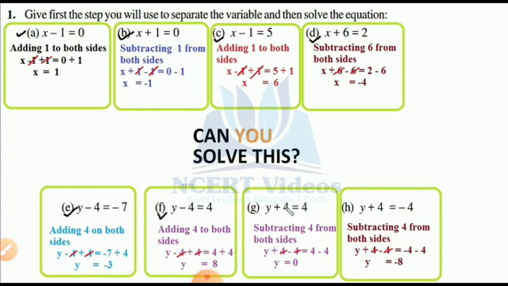y plus 4 is equal to 4. Subtracting 4 from the left side as well as the right side, so y is equal to 0. H: y plus 4 is equal to minus 4.